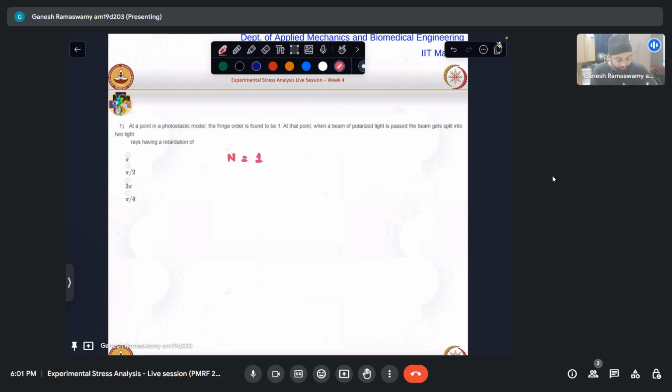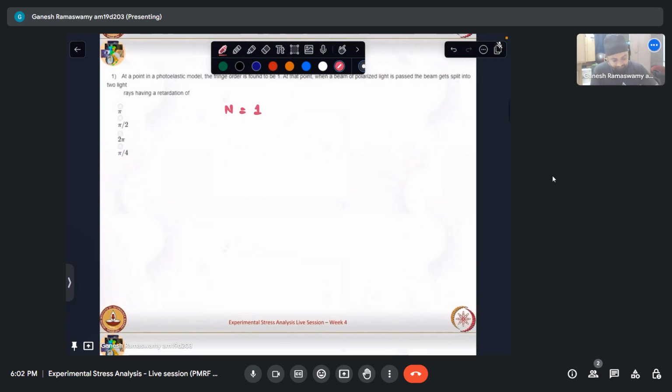At that point, when a beam of polarized light is passed, the beam gets split into two light rays having a retardation of which of the following is what is asked. So we know that retardation is denoted by delta.